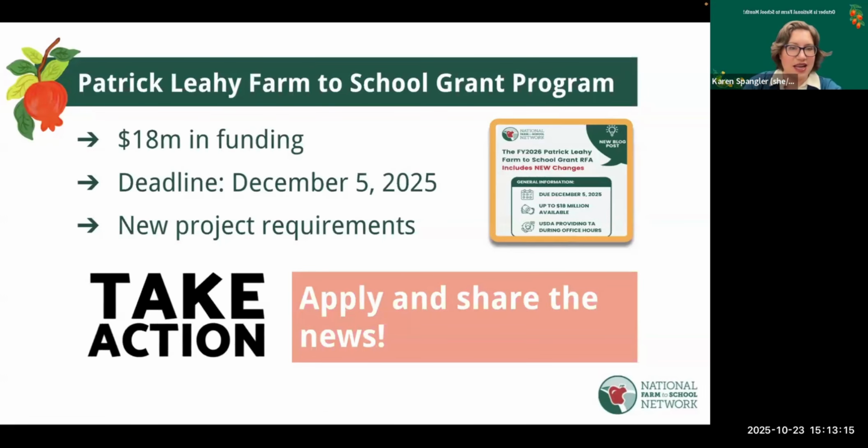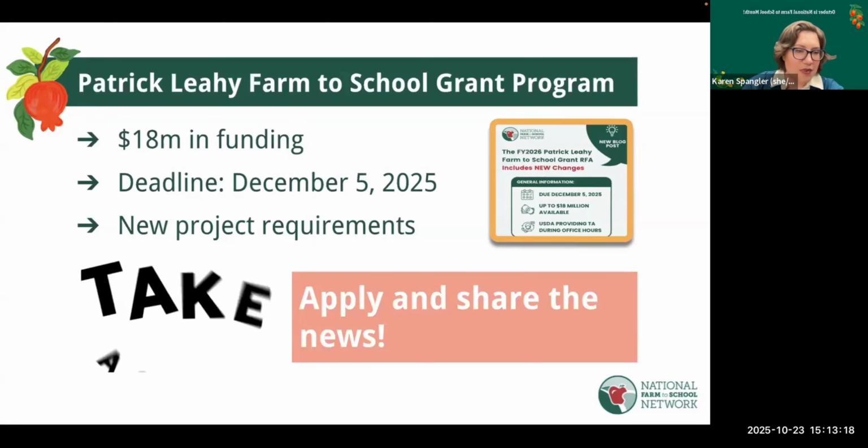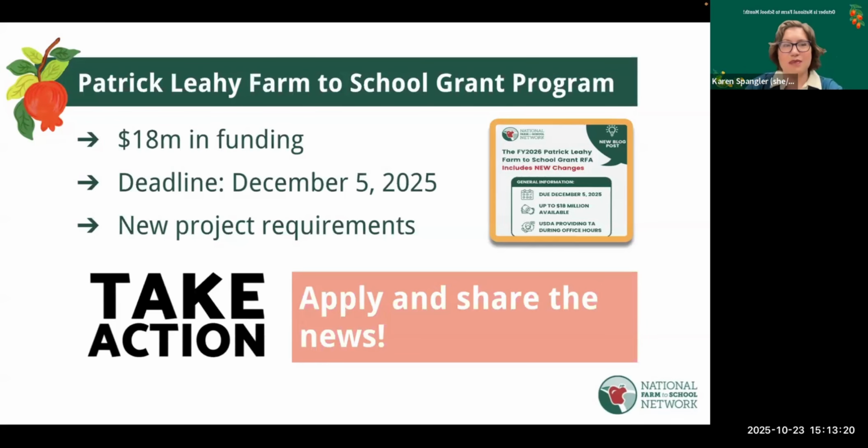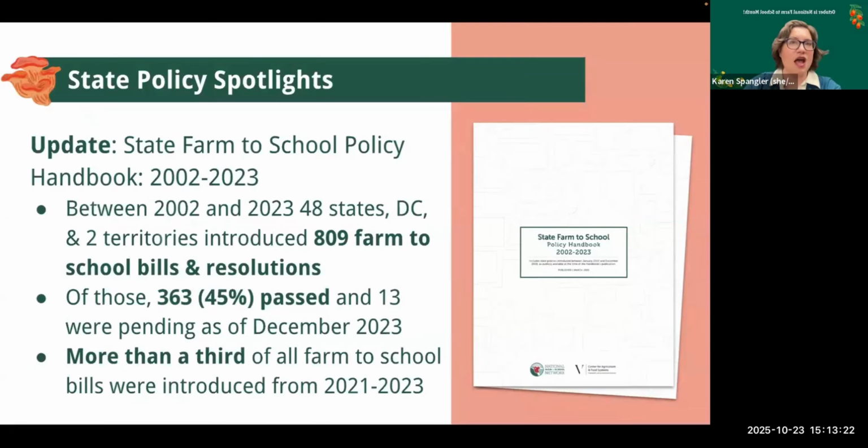All right. So not to forget state policy. We have seen in this year states step up as a really unique role for policy progress, and also, with increased pressure on state funding to fill the gaps. Thanks to the work from our team and our partners, we have an update of the State Farm to School Policy Handbook.